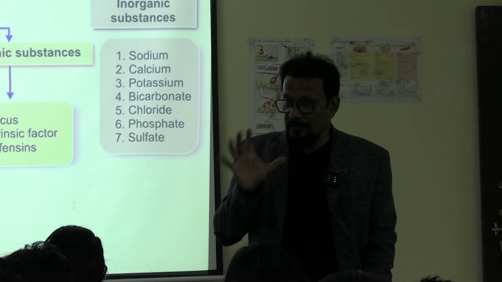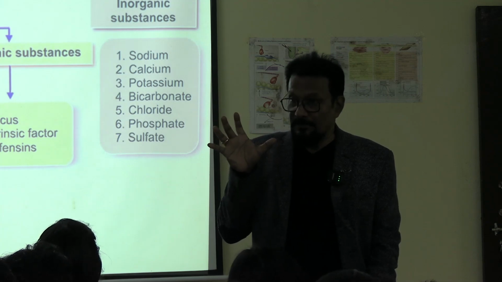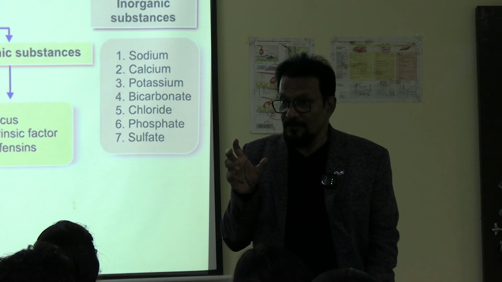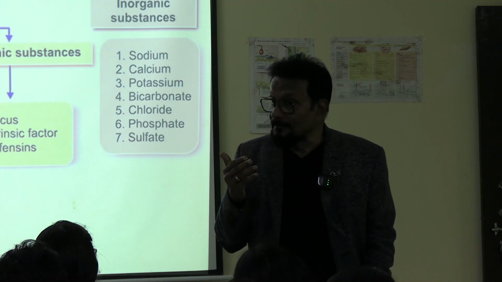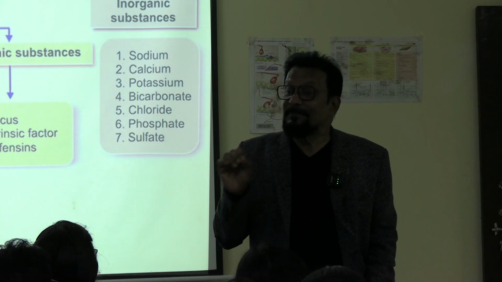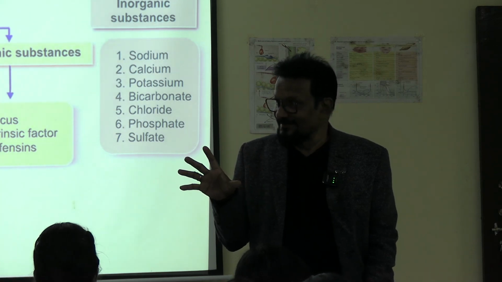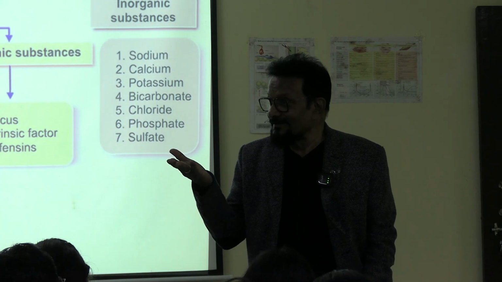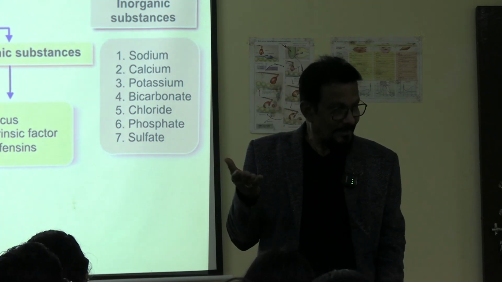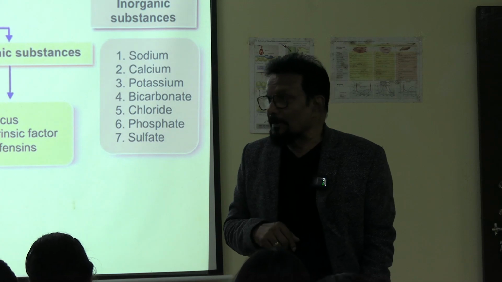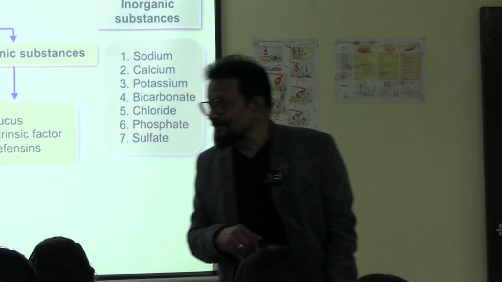Similarly, for plant sources, a rich source of protein is beans. From beans we get dal. They are a good source of protein, but they are not first class.